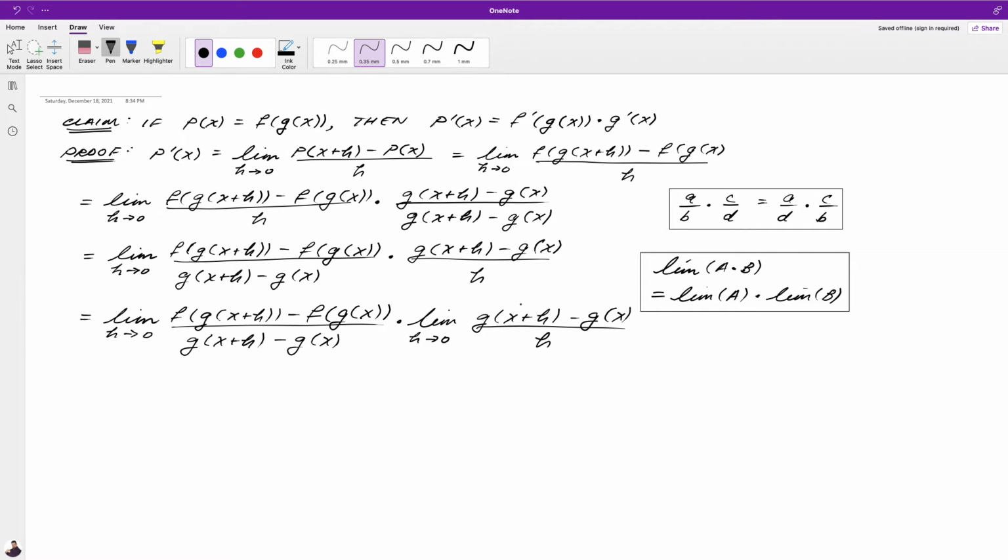And look at what we have here. This is g prime. So we're essentially halfway done. We've forged this factor g prime of x.